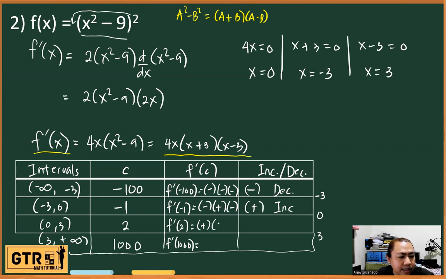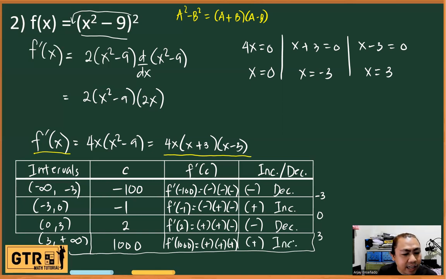X plus 3 is again positive. X is 2. 2 minus 3, that is negative 1. So negative. So therefore, we have negative in this interval, so decreasing. And then for 1,000, obviously this is positive, positive, positive because x is 1,000. So therefore we have increasing again.